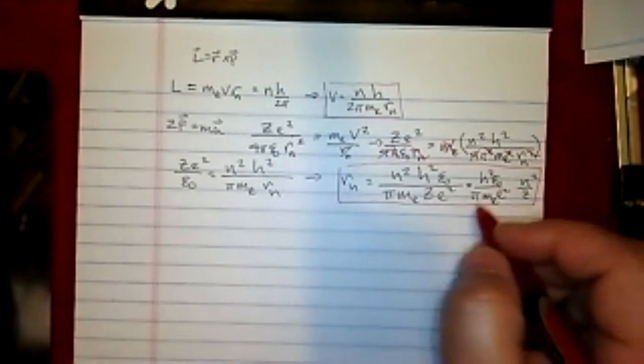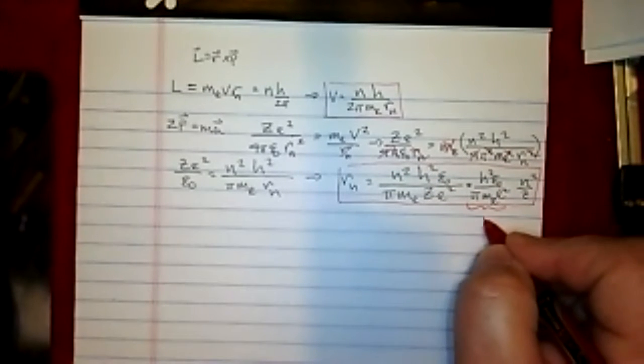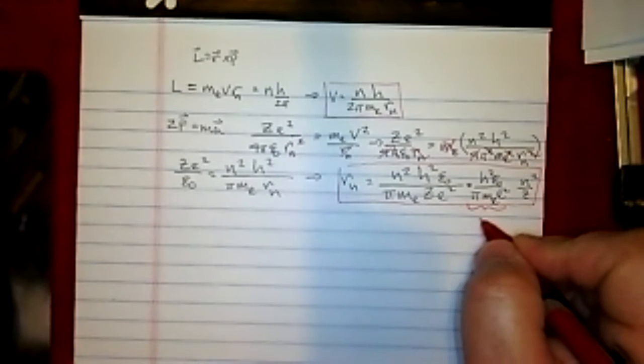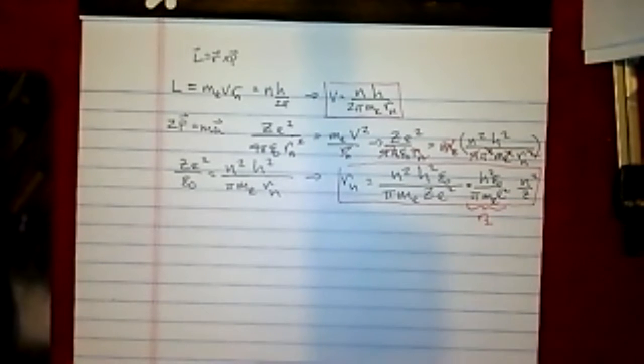And notice this quantity is what would happen when n equals 1, so we would call that R1. You can calculate that and you might be surprised at what value you actually get.